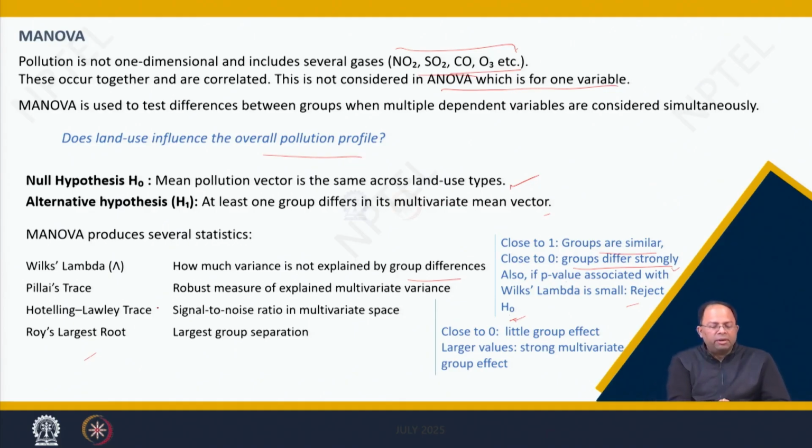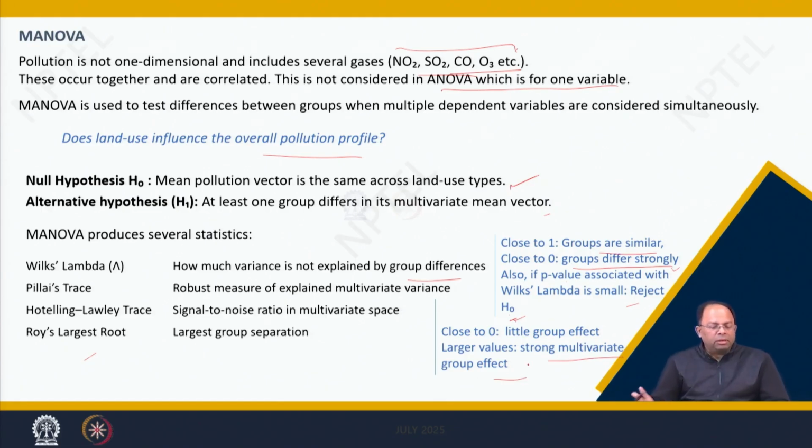Pillai's trace is also a measure of explained multivariate variance. If the statistic is close to 0, we assume there is little group effect, but if the value is much larger than 0, then a strong multivariate group effect does exist.